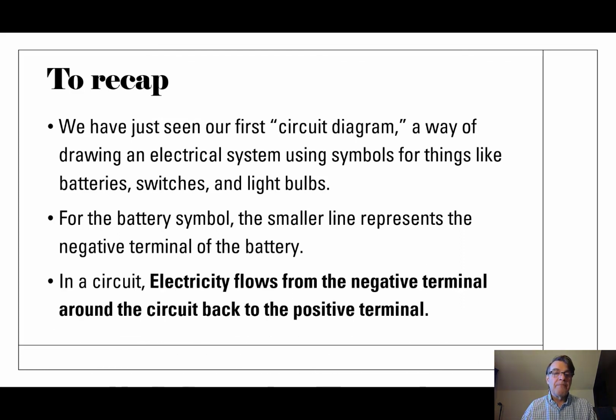And probably the biggest concept of this video is that electricity flows from the negative terminal around the circuit back to the positive terminal. Electricity flows outside of the battery. Now, inside the battery, it's the opposite. But outside of the battery, electricity flows from the negative terminal around and back to the positive terminal. This has been our first video on electric current.